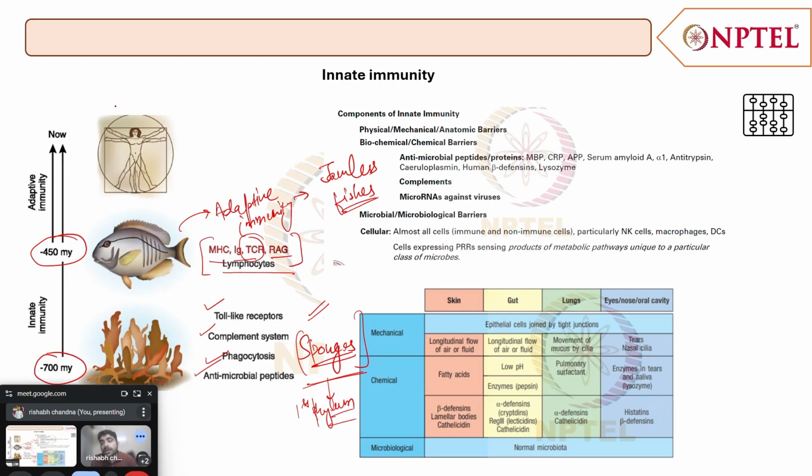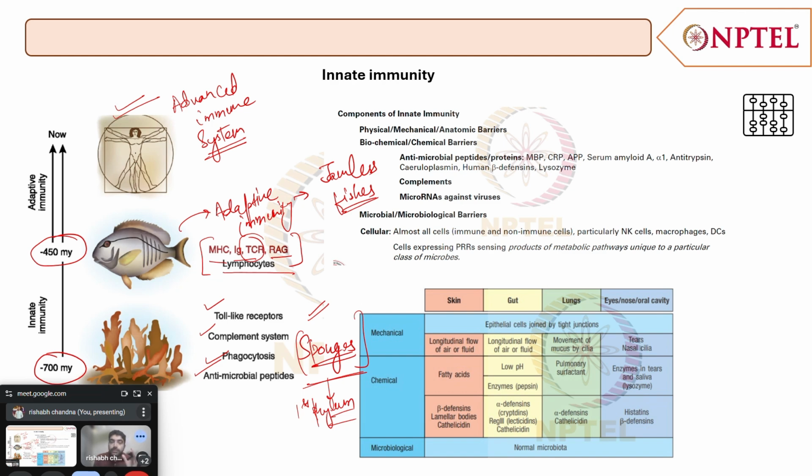And now, as humans, the most developed kind of animals, we have the most advanced immune system. So this is the major evolutionary pathway of the immune system.